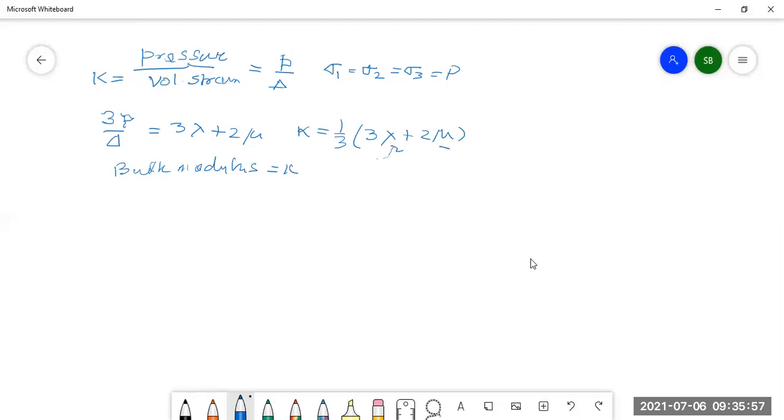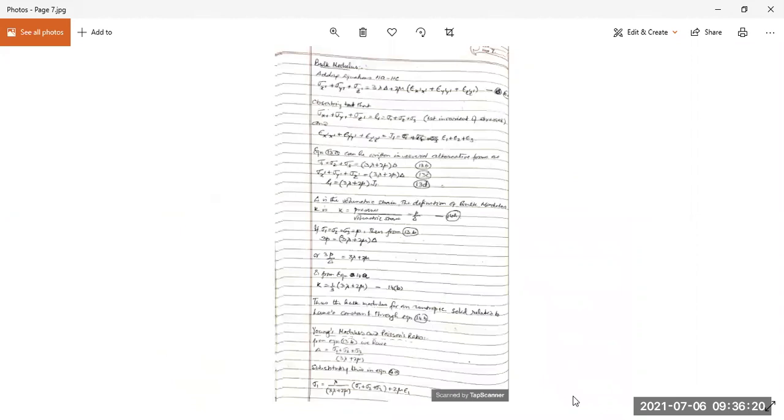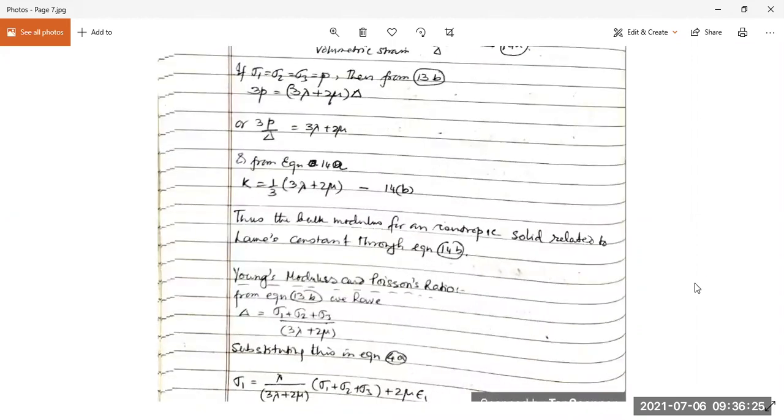Now, let us find out the Young's modulus and Poisson's ratio itself. Now, what will happen? Delta is equal to sigma 1 plus sigma 2 plus sigma 3.